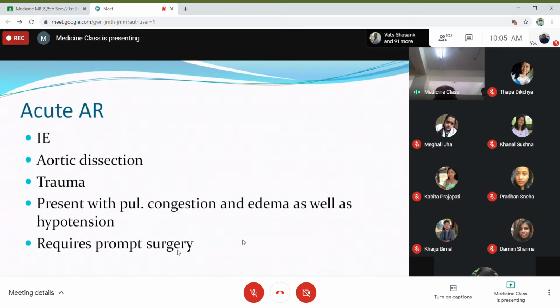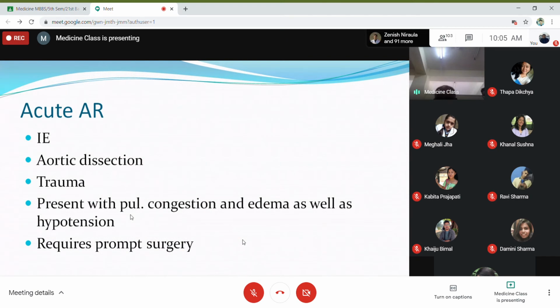Because it develops suddenly, there won't be any time for adjustment or accommodation. So the patient will present with pulmonary edema and hypotension, and this is a very life-threatening situation. You have to be very prompt on management, and they may require prompt surgery as well.